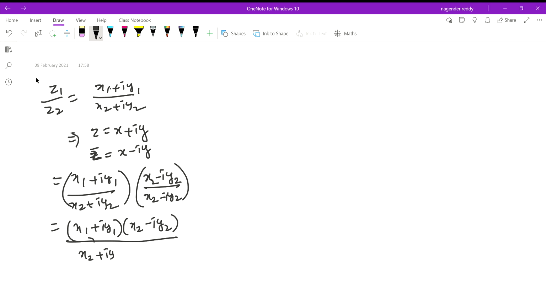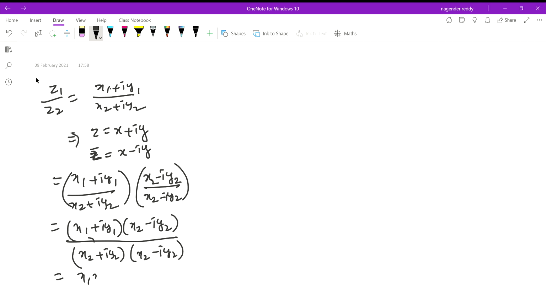It is divided by x2 plus i y2 into x2 minus i y2, that is a plus b into a minus b. We know that is a square minus b square. Then we can go for it. In the multiplication, directly I'm using the formula, because in the previous one we already know how to multiply two complex numbers.